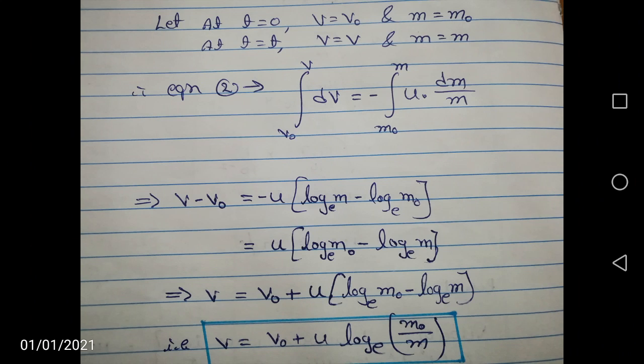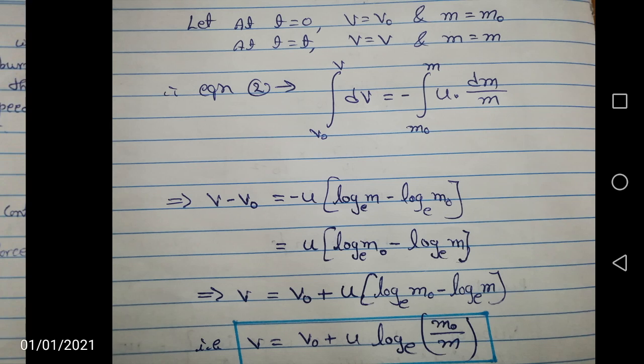This implies v minus v0 equals minus u (log m minus log m0), which equals u (log m0 minus log m). Thus v equals v0 plus u log (m0 by m). This is the expression for the velocity of the rocket at a given instant of time.